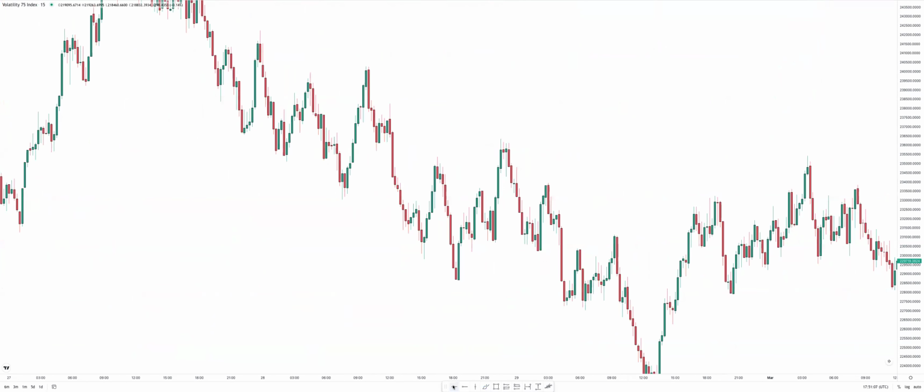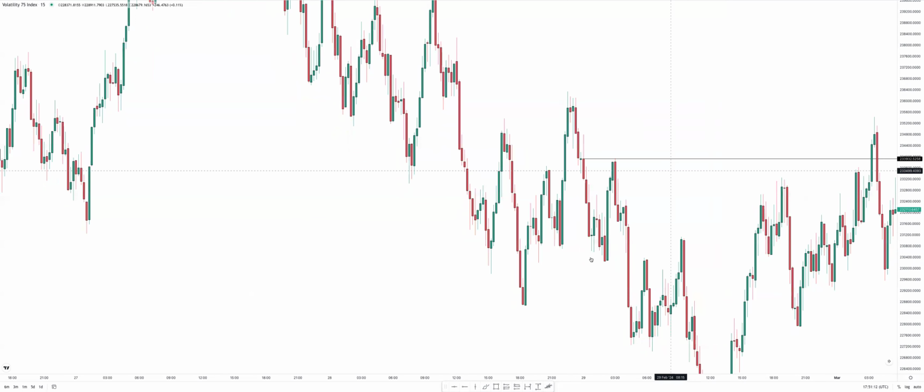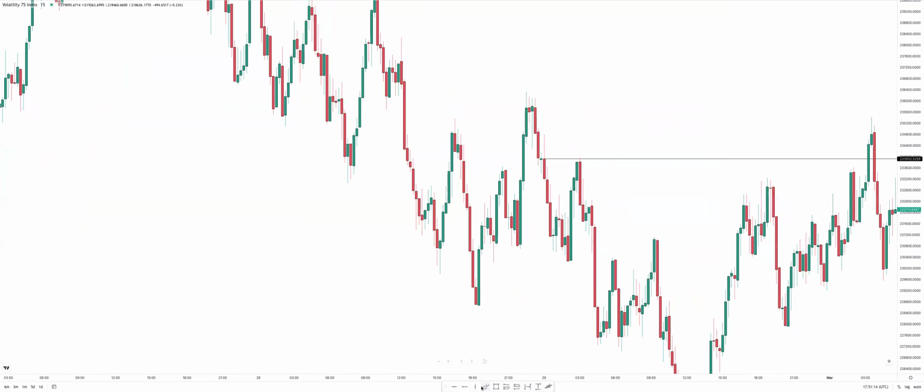Let's try to check right here if price actually respected. Yeah, price respected. So right here, price was making some highs. We made a high, we made a low, we made a high before price came to break our structure right here.